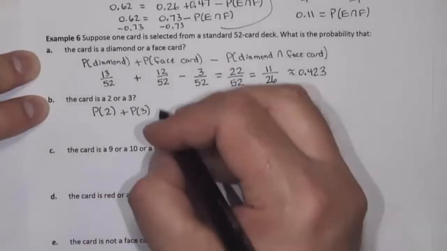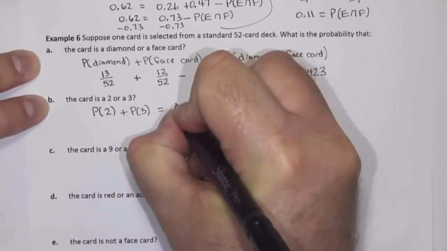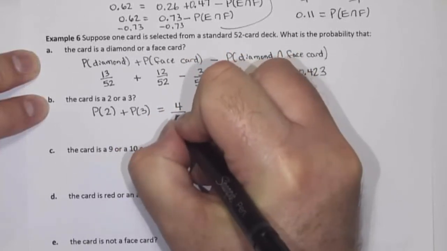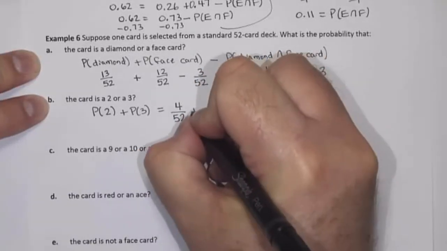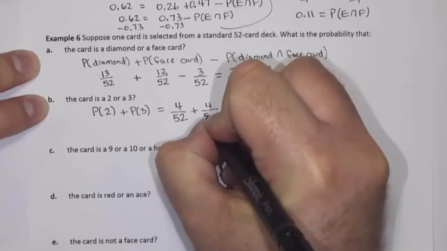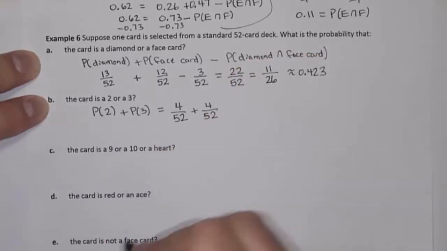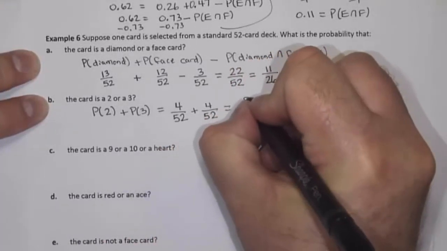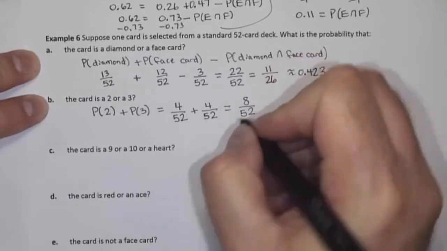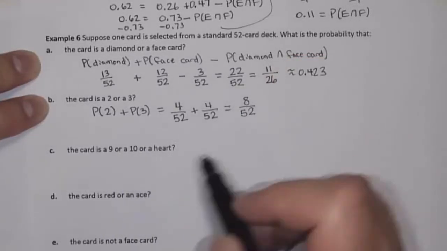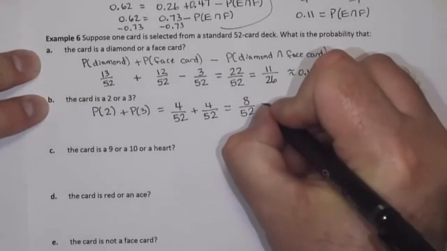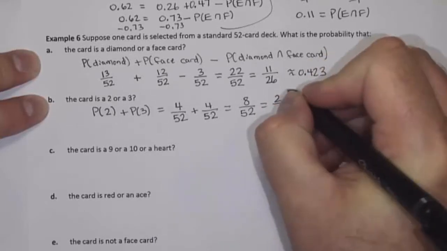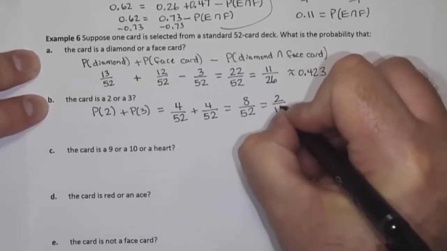Well, if we think about our deck of cards again, there are 4 2s and there are 4 3s. So the probability of the card being a 2 would be 4 out of 52, plus the probability of the card being a 3 would be 4 out of 52. And so if we add that, that would be 8 out of 52. Now that fraction can reduce. 8 and 52 can both be divided by 4. 8 divided by 4 would be 2. 52 divided by 4 would be 13.